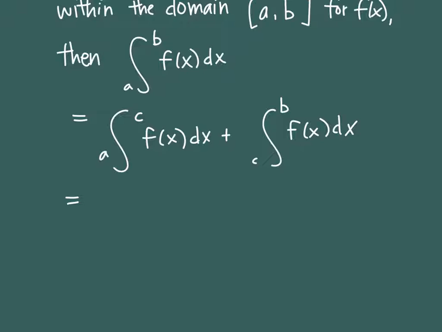But when c is an undefined value, if it's not part of the domain, then we have to do a substitution. So we're going to do the limit as u approaches c from the left, and then we're going to go from a to u.